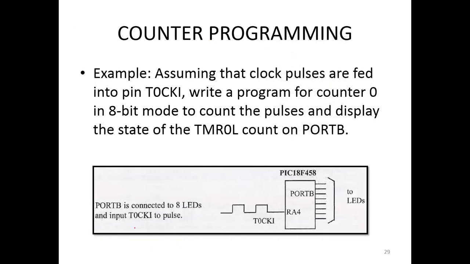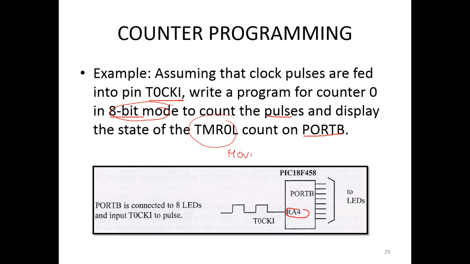Let's see now a program. Assuming that clock pulses are fed into the timer 0 clock input, which is the pin RA4, write a program for counter 0 in 8-bit mode that counts the pulses and displays them on port B. Here our task is just reading the data from timer 0 low to port B, continuously moving the data.